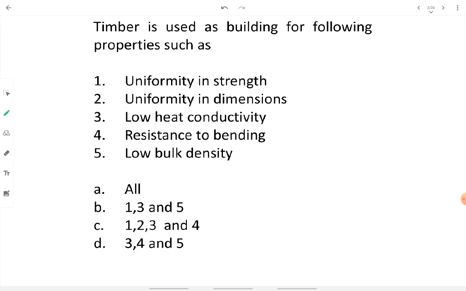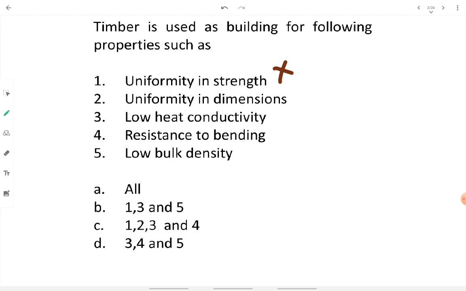But is it true that uniformity in strength is available in all timber? No. See, timber with respect to its type, with respect to the tree type, with respect to specific sample, the strength uniformity is not available. That's why point number 1 is not the justifiable one for which we are using timber.